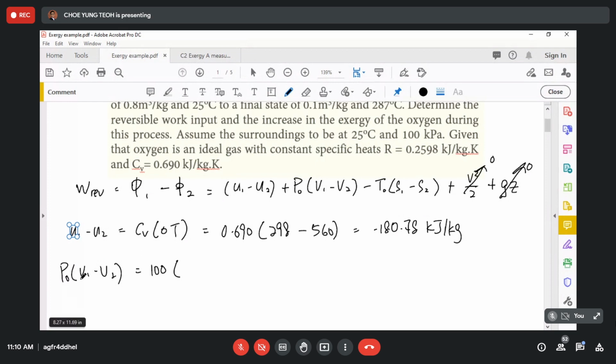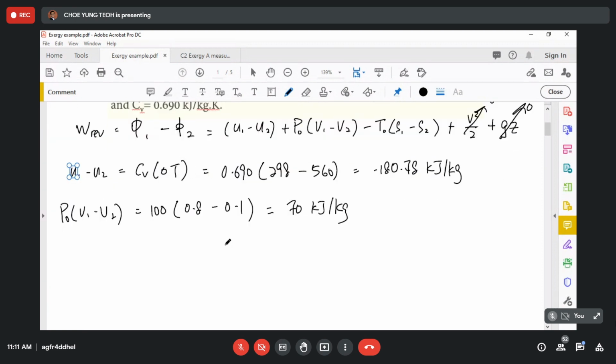So that this volume should be in terms of the specific volume as well. Okay, so here we have V1 0.8, V2 0.1. So here you get the positive value of 70 kilojoule per kg.